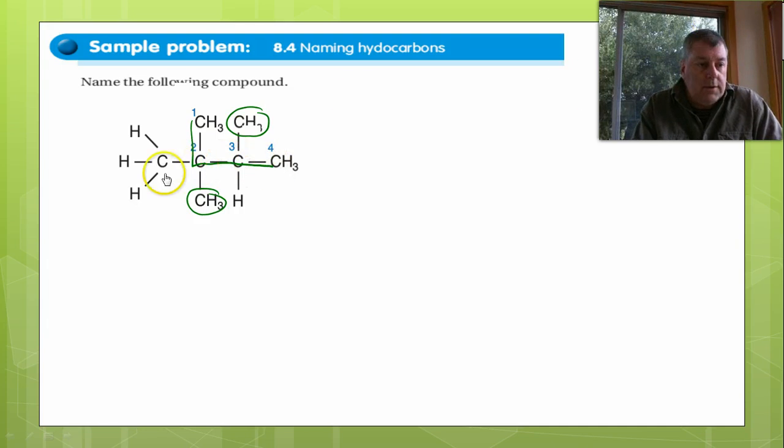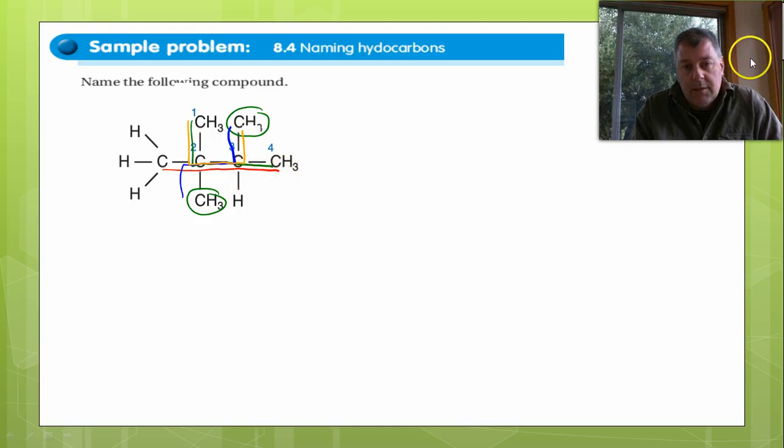We could have also said that that is the longest chain. We could have also said that this is the longest chain, and we could have said that. Now what other one? This one is the longest chain. Okay, but even if we picked any of those colours, we would come up with the same name.